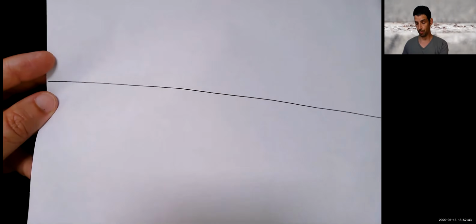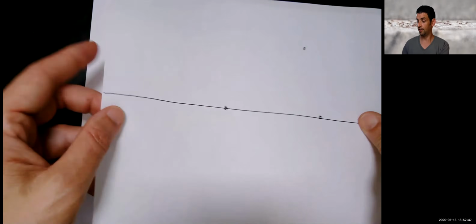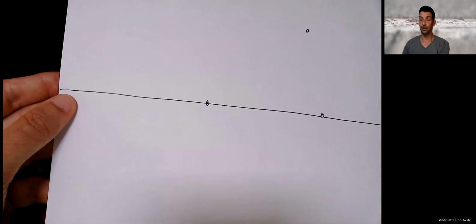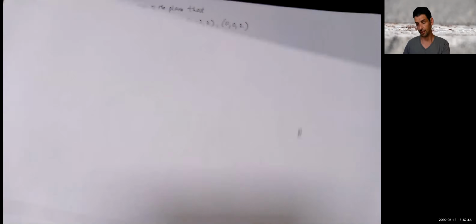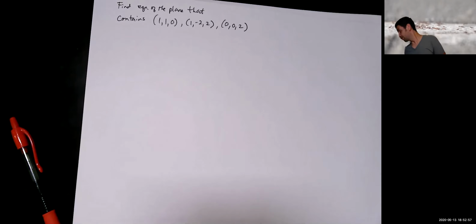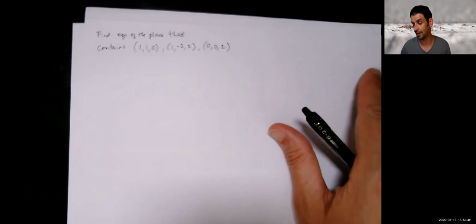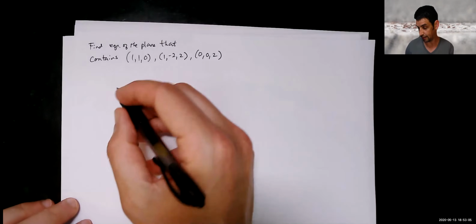But if I pick a third point, so I have 2 points on this line, if I pick a third point, that's the only plane that contains them, right? If I could rotate this paper and leave that point behind, it wouldn't contain it anymore, right? Obviously, it moves with the paper, but if it was just a point floating in space, our plane would not contain it anymore. So I've got 3 points sitting in space.